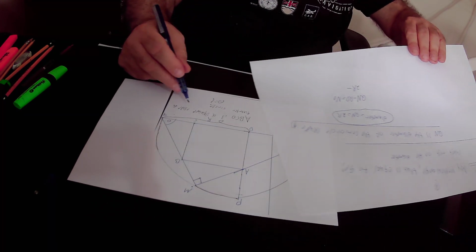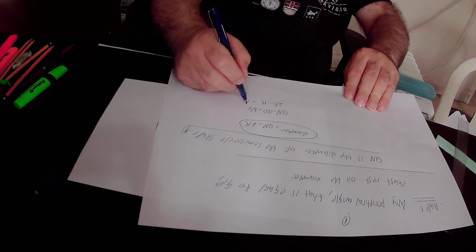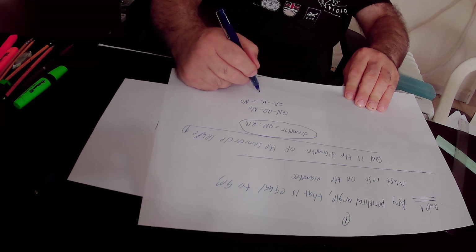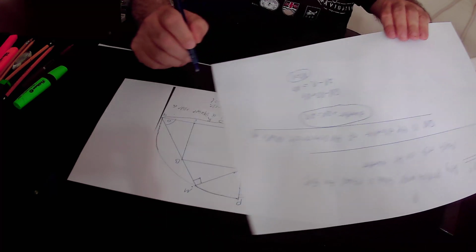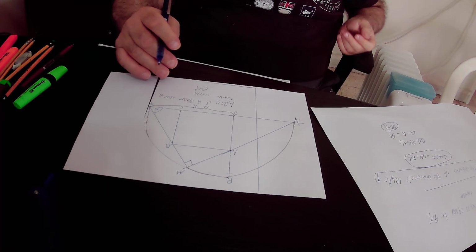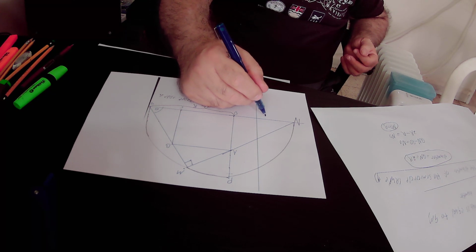QO is equal to R. That is to say, NO is equal to 2R minus R, that is R. So we found out that NO is equal to R, that is the radius of the semicircle and also of the quarter circle.